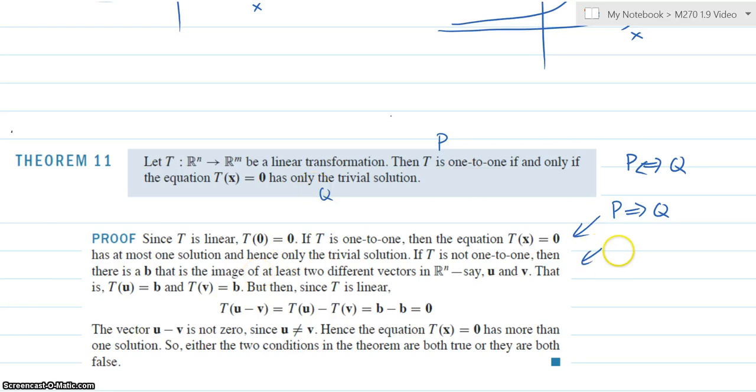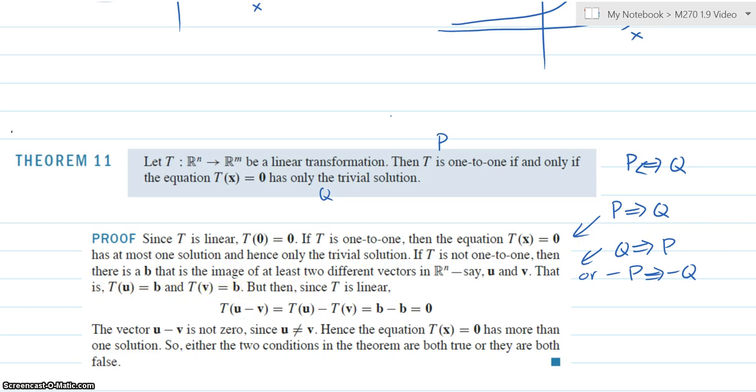Then the next part, they do Q implies P. This is a little bit harder, but what they do here is instead of doing this one, they're going to do not P implies not Q. If you have had anything about logic, this is an equivalent statement. So they said, let's assume it's not one-to-one. Therefore, b has at least two different preimages, say u and v, and then they state that more formally.